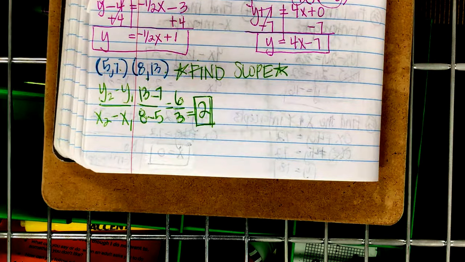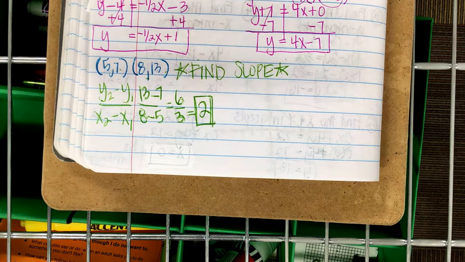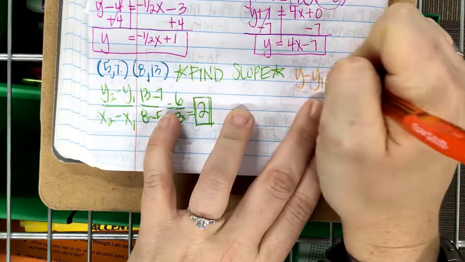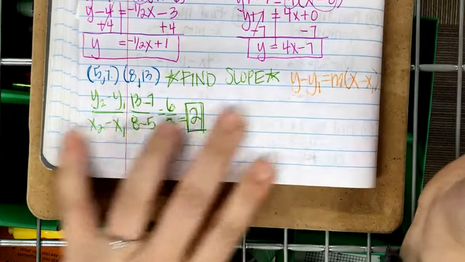Ladies, use 5, 7. Gentlemen, 8, 13. Does it matter? y minus y1 equals m x minus x1?